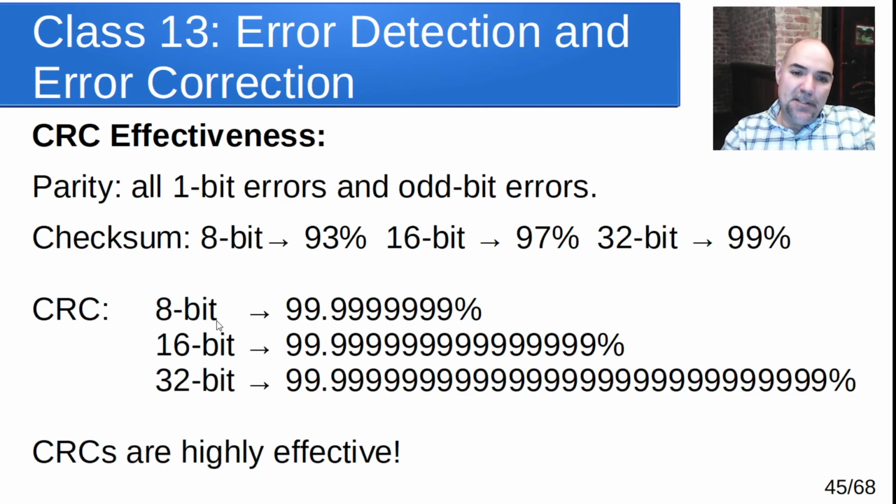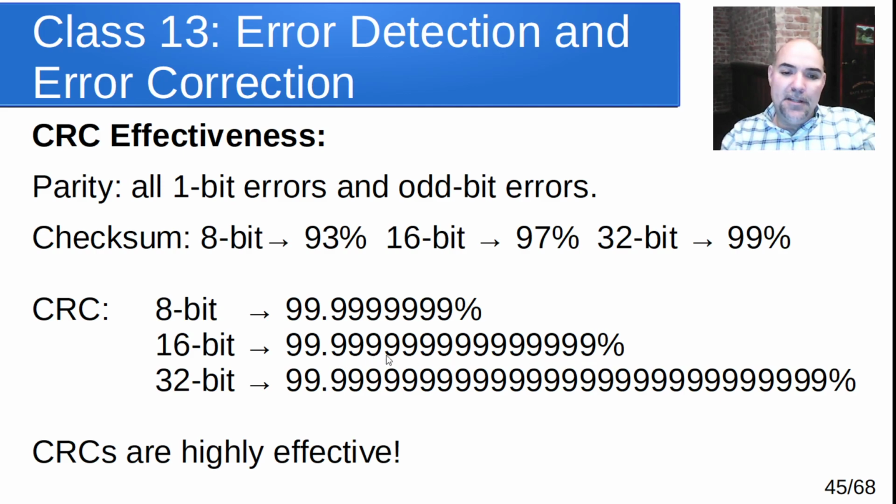With an 8-bit CRC, 99.9999999% of errors will get detected by it. A 16-bit CRC is even more effective. So notice how small that percentage of errors is that will make it through. So that's 1, 2, 3, 4, 5, 6, 7, 8, 9, 10, 11, 12, 13, 14.